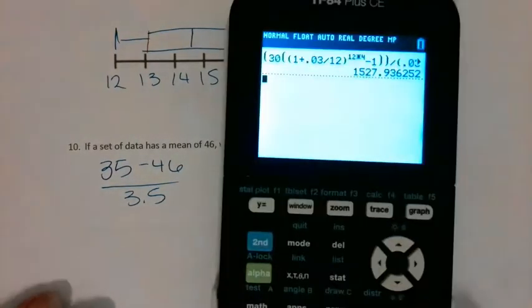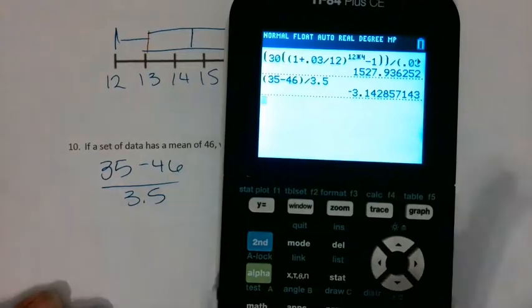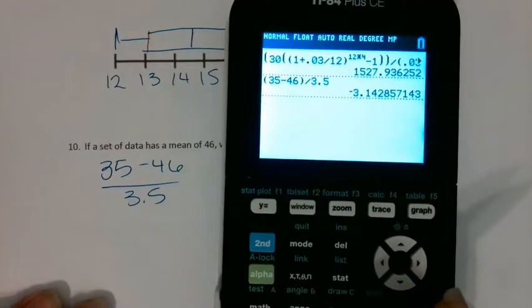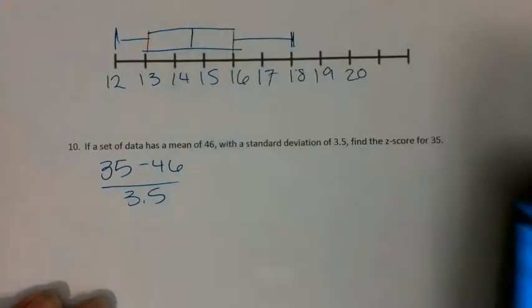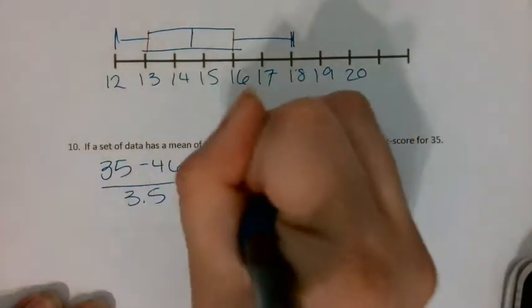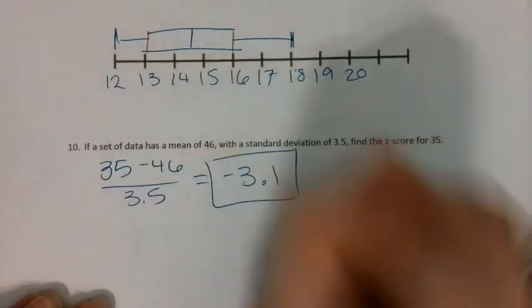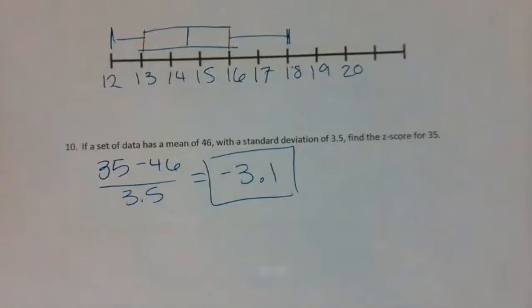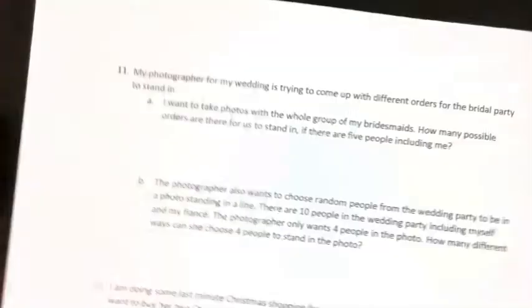So if I'm doing this, I want to make sure my top is in parentheses. And I get negative 3.1.